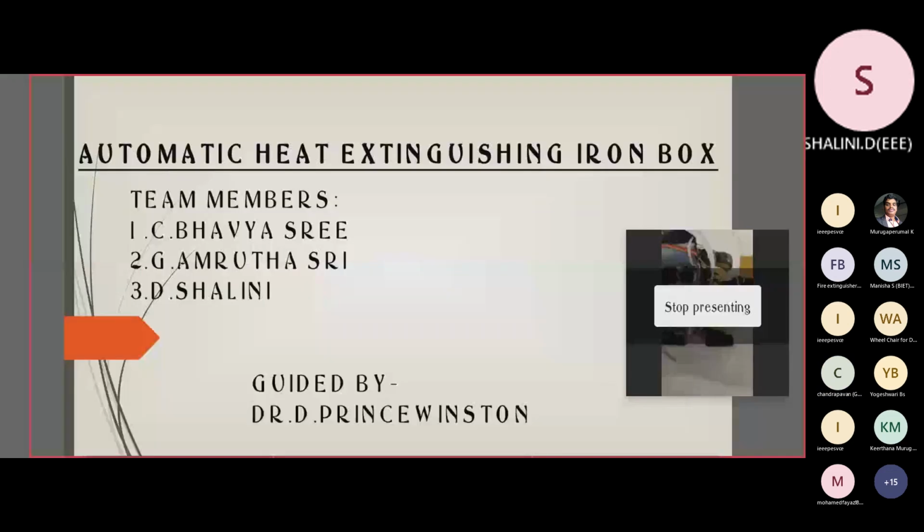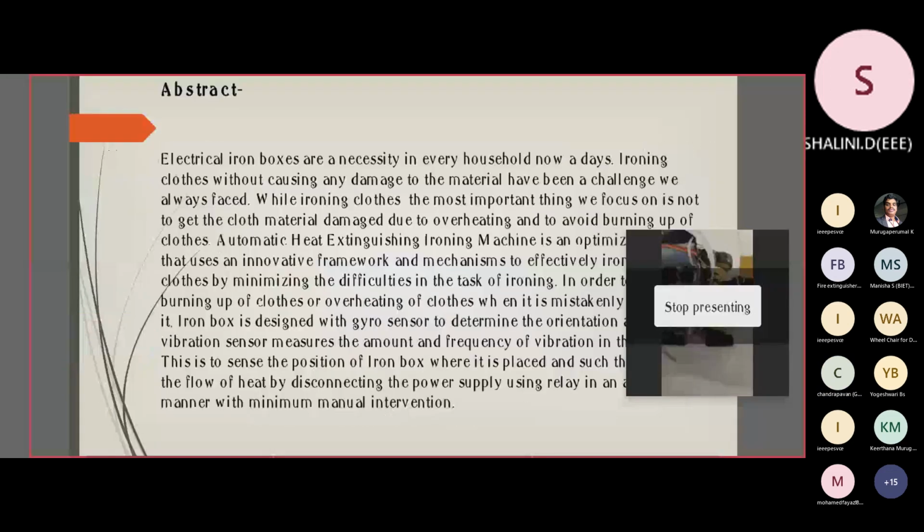Automatic heat extinguishing ironing machine is an optimized design that uses an innovative framework and mechanisms to effectively iron various clothes by minimizing the difficulties in the task of ironing. In order to avoid burning up of cloths or overheating of cloths, when it is mistakenly placed on it, ironbox is designed with gyro sensor to determine the orientation, and vibration sensor measures the amount and frequency of vibration in the ironbox.